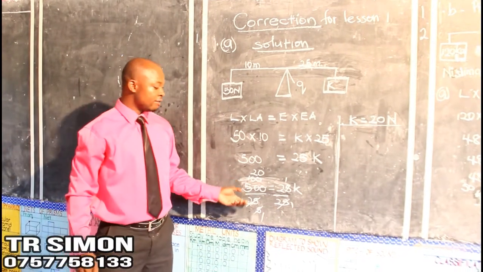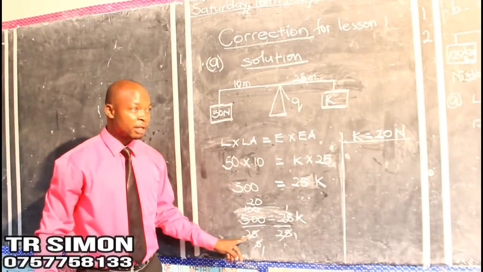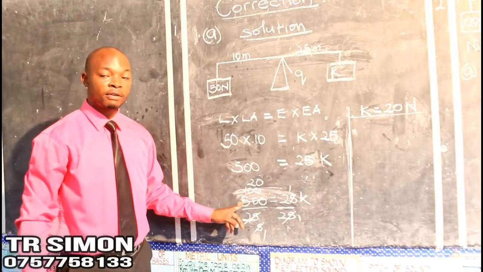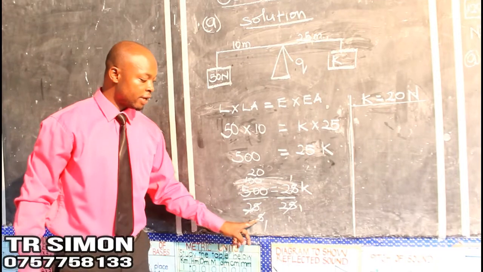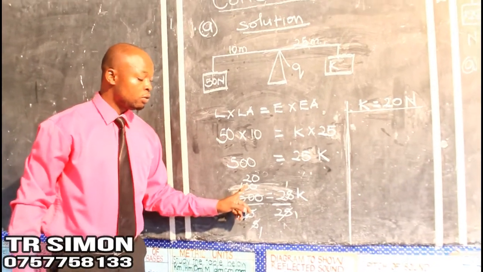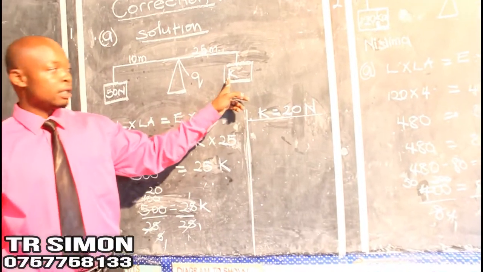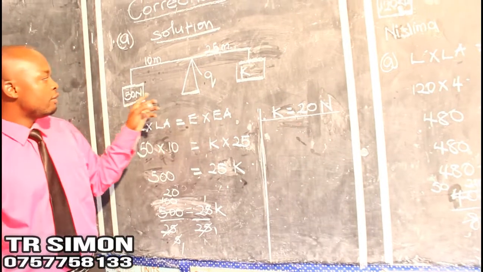We get 500 divided by 25, whereby we divide 25 by 5, you get 5. And 500 divided by 5, we are going to get 100. Then 100 divided by 5, we are going to get 20. Therefore, our K is 20 newtons.